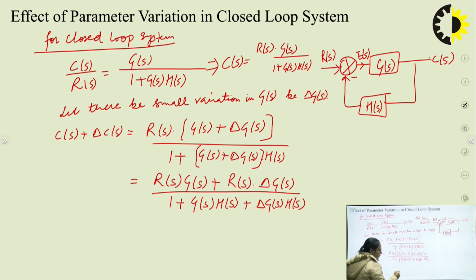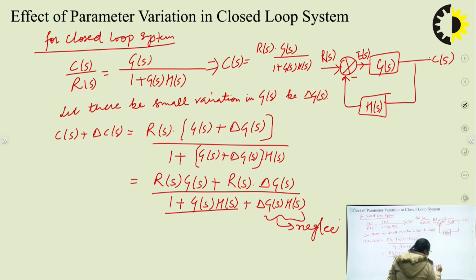Here this term is very small compared to these terms, so I can neglect this quantity. Neglecting this term as it is very small, I am left with only this term.